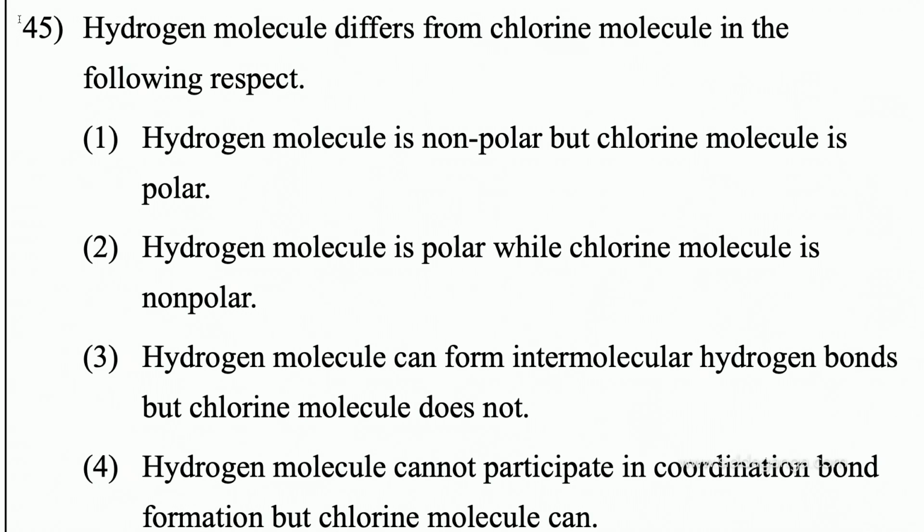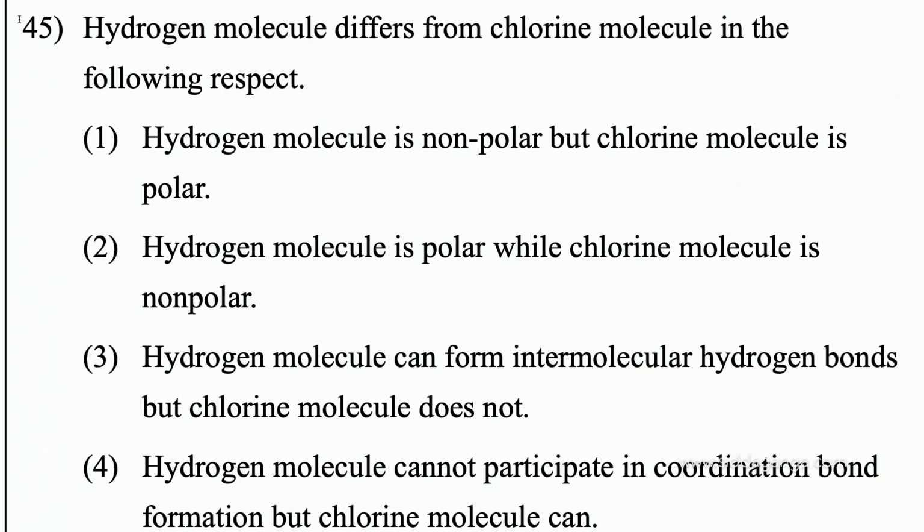Third: hydrogen molecule can form intermolecular hydrogen bonding but chlorine molecule does not. Fourth: hydrogen molecule cannot participate in coordination bond formation but chlorine molecule can. So the remaining three are similar, but the last option, hydrogen molecule cannot participate in coordination bond but chlorine molecule can, is the answer for this question.